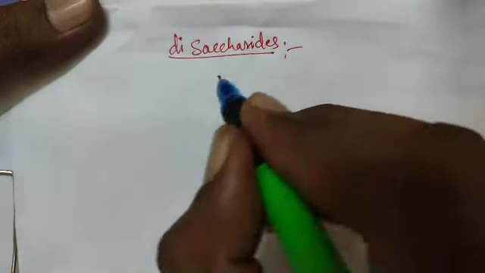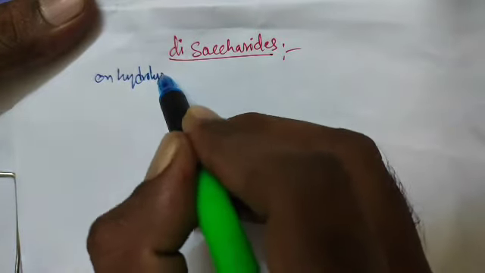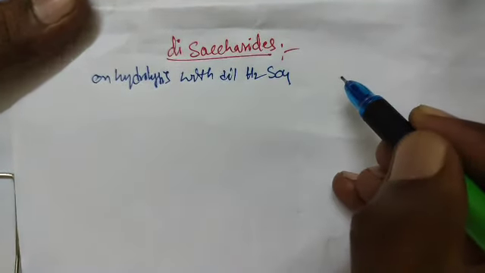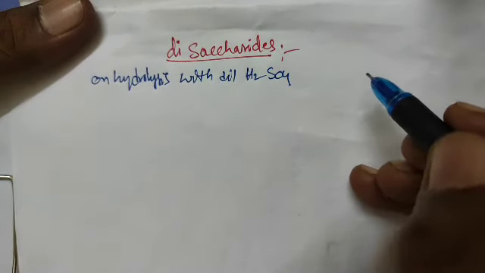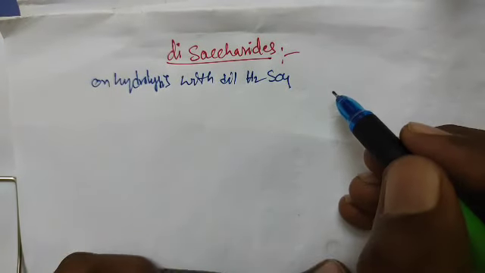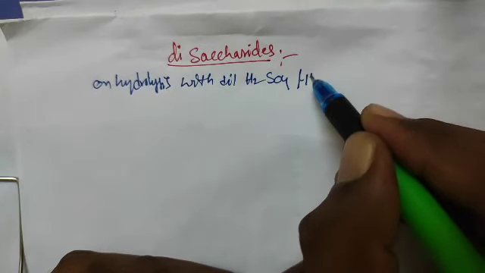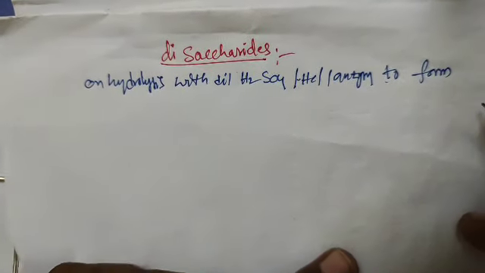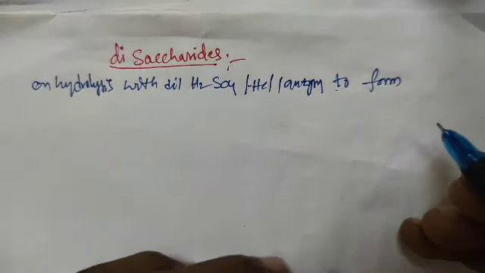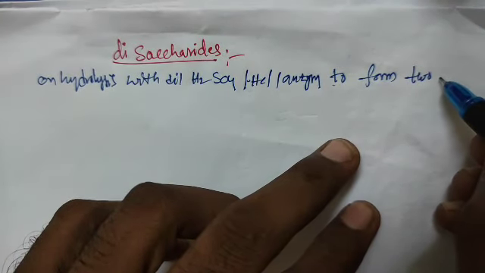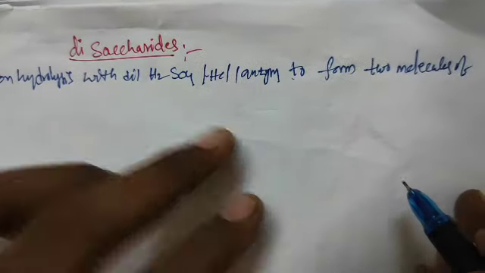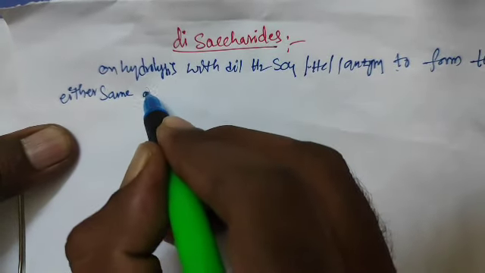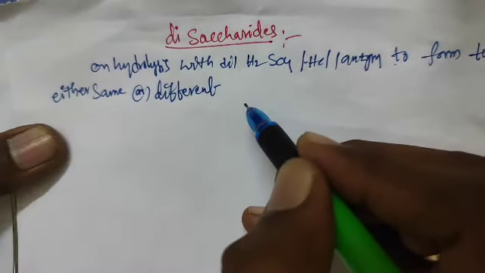On hydrolysis of disaccharides with dilute H2SO4 or HCl or enzymes, they form two molecules of either the same or different monosaccharides.